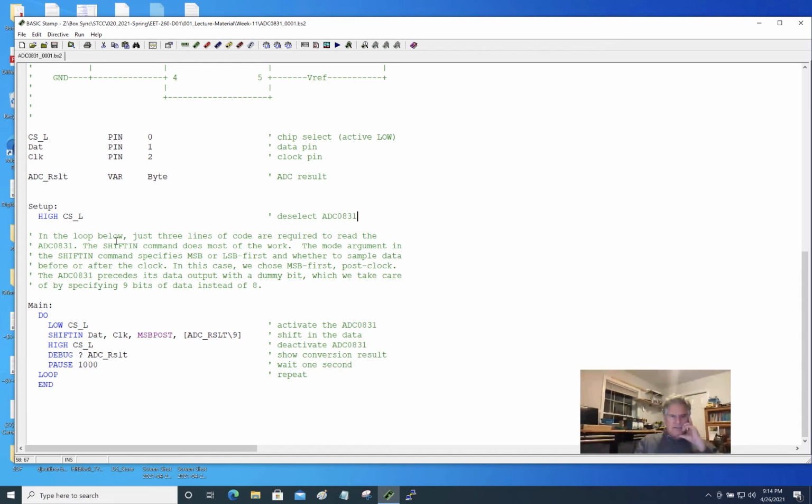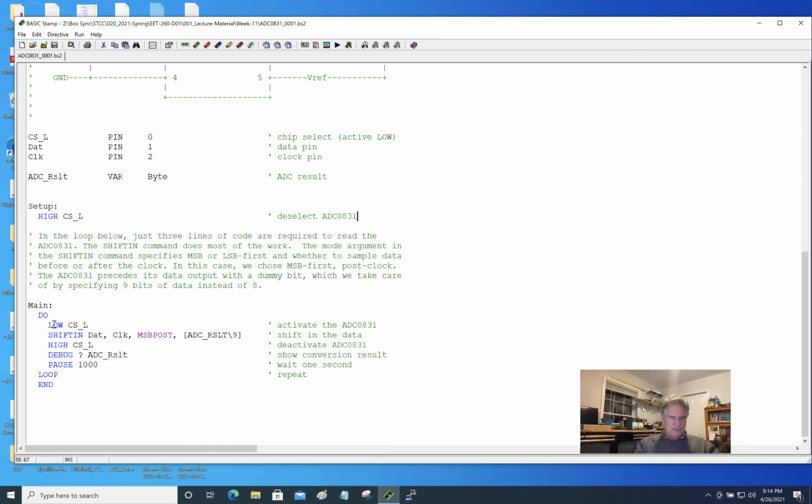Then in the loop below, you can read this thing. Because the ADC 0831 wastes that first bit, this is going to be a 9-bit transfer, so there's 9 clocks in there, 9 clock pulses, which you'll see on the scope.